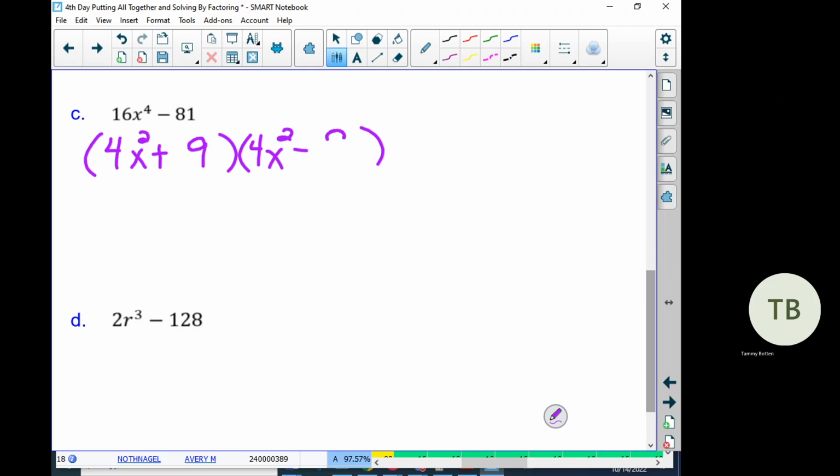And then to go here and here, you think, what's the square root of 81? And that's 9. Now, again, like I said, one of the things you have to be careful of is that you've done as much factoring as you can. If it's an x squared and it's plus, there's nothing you can do with that because there's not a sum of squares. There's just a difference of squares. If it's x squared and it's a minus sign, you have to check if you can take it further.